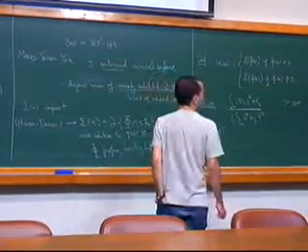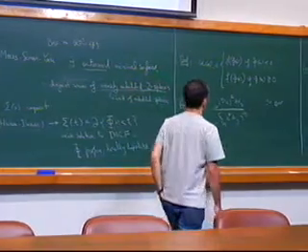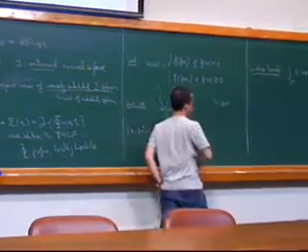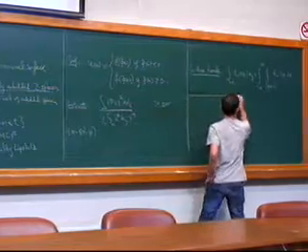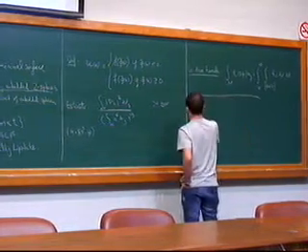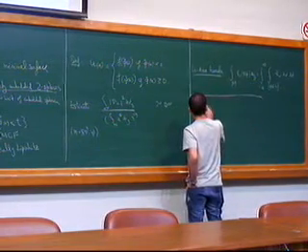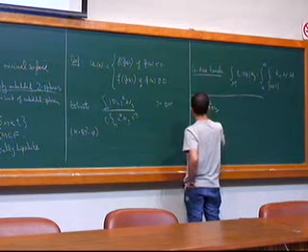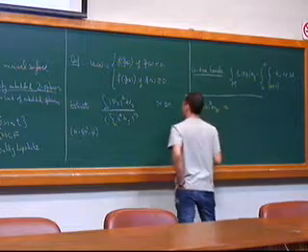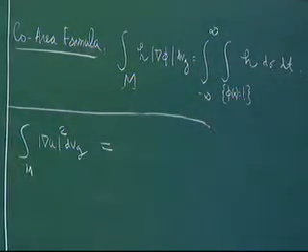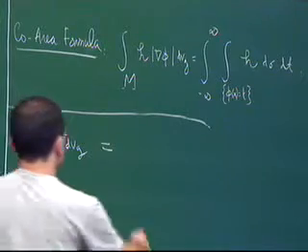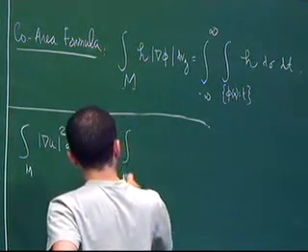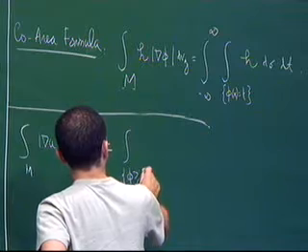Okay, so let's do the calculations. Let's start then with the first integral. You want to consider the integral of gradient of u squared, dvg. Remember that u is constant where phi is negative, so we can restrict ourselves to the set of points where phi is positive.